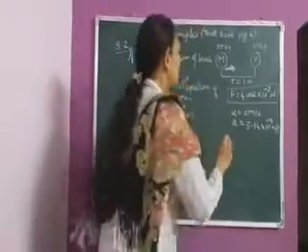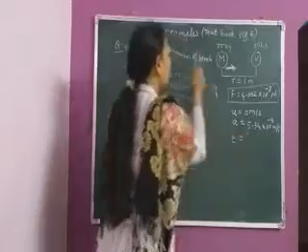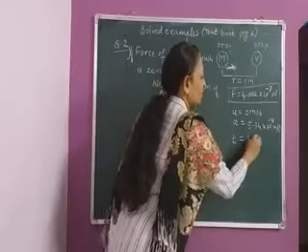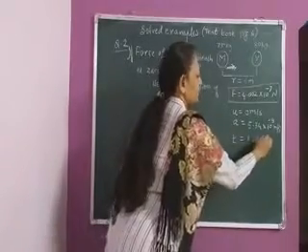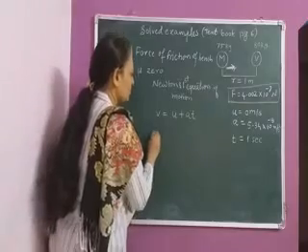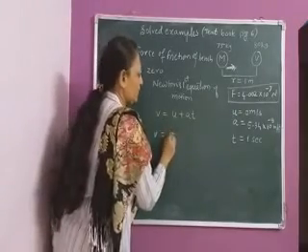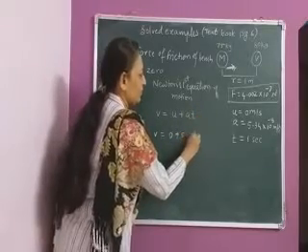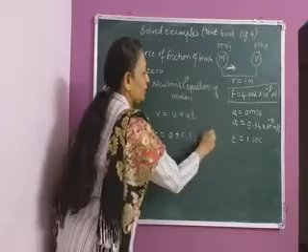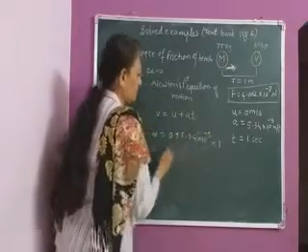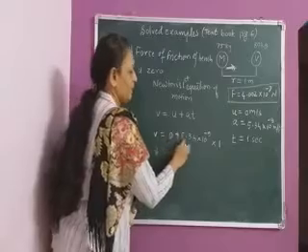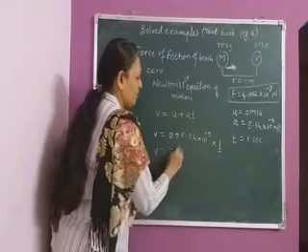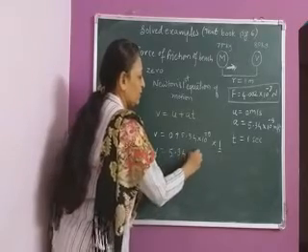So time is, according to the question, 1 second. Let us substitute values. V is equal to initial velocity u, which is 0, plus acceleration 5.34 into 10 to the power negative 9 and time is 1 second. So V is equal to 0 plus this value as it is, since time is 1 second. So velocity is 5.34 into 10 to the power negative 9.